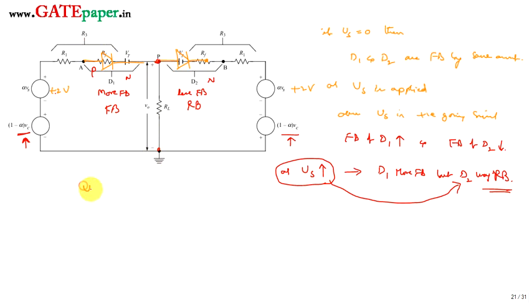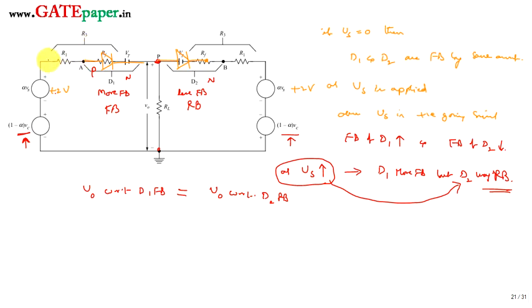So you can calculate V0 with respect to diode 1 forward biased, and you can also calculate V0 with respect to diode 2 reverse biased since it just entered, and you can equate both voltages to get the relation for Vc. Now write the equation for V0 with respect to D1 forward biased.